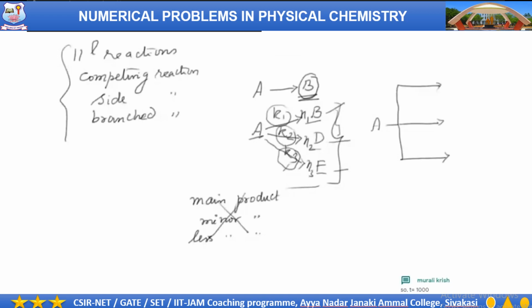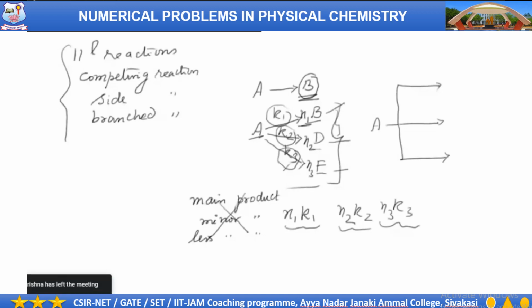So find out the values N1K1, N2K2, N3K3. Of these values, the one that is present in the highest proportion is called the main product. The one present in the lowest is called the minor product. The intermediate one is also a minor product.